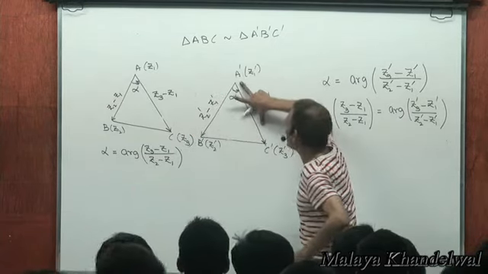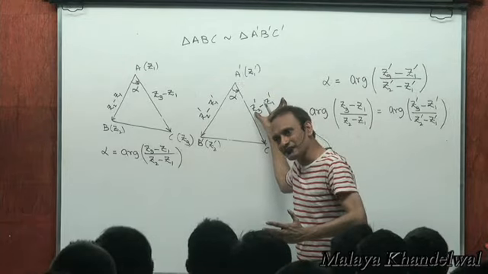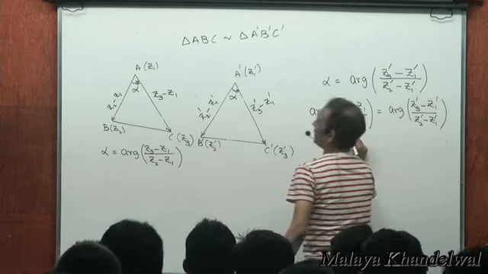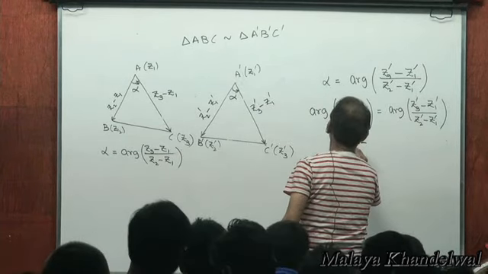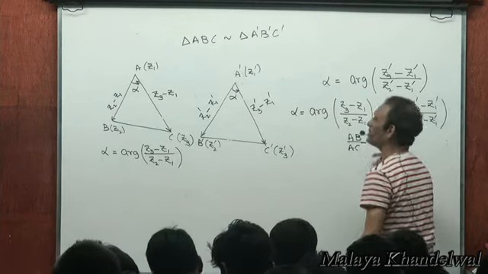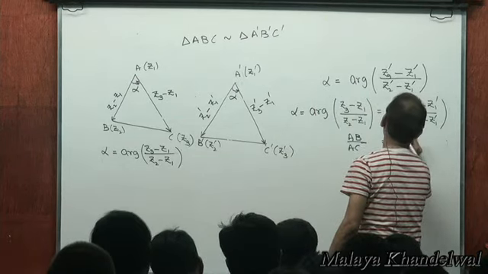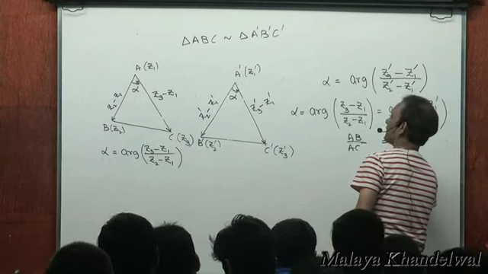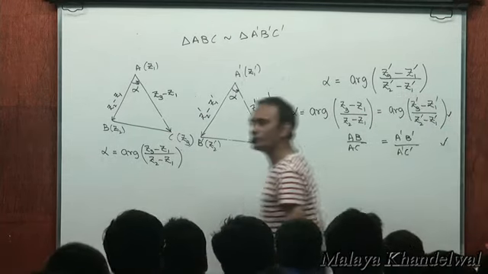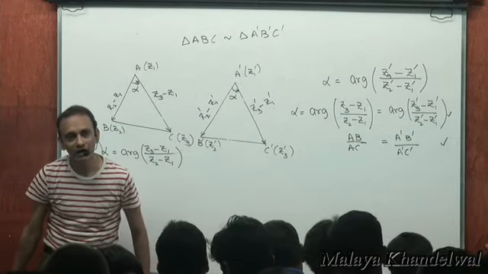Mod of Z3 prime minus Z1 prime, right? So, with this included angle equal to alpha, AB by AC must be the same as A prime B prime by A prime C prime. If these two conditions are met, then the two triangles will be rendered similar.